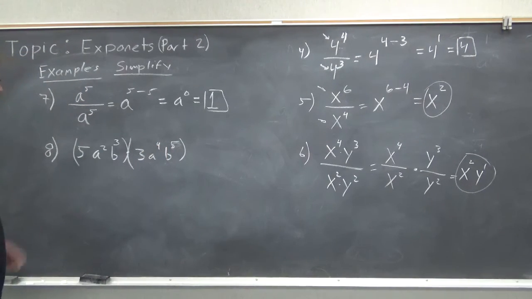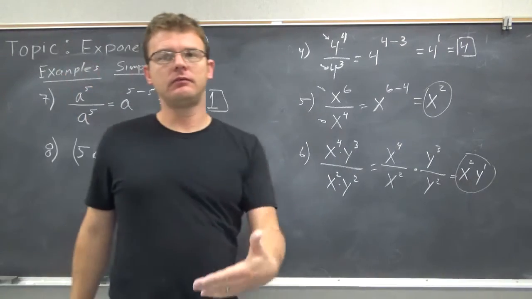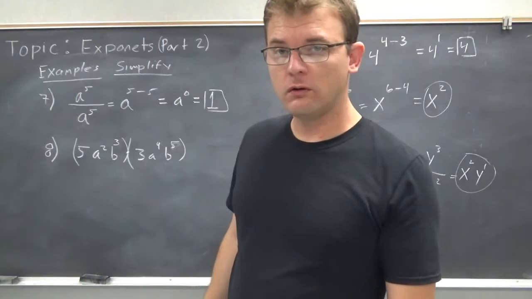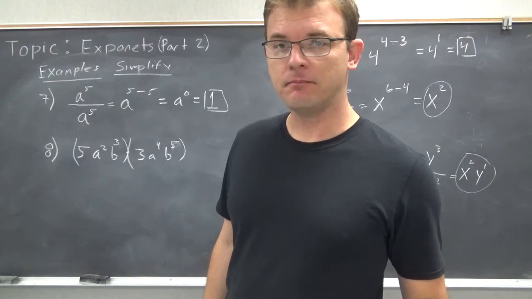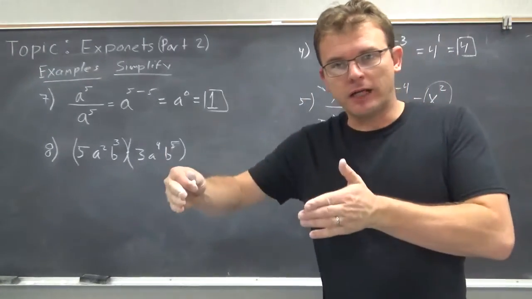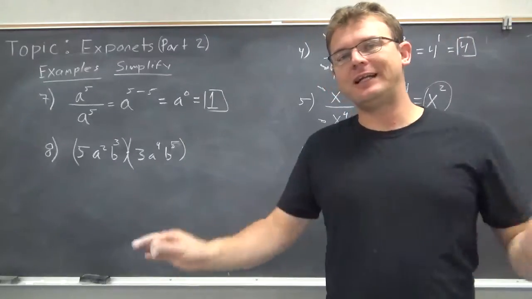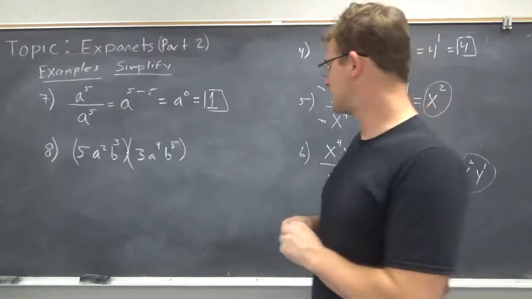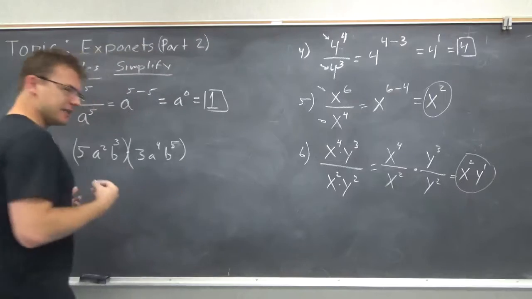Okay, this is when you have more than one rule that comes into play. So what I want to do is kind of split things apart. And as you get better at this, you don't need to do this anymore, but I want to show you this. So this is just extra work.